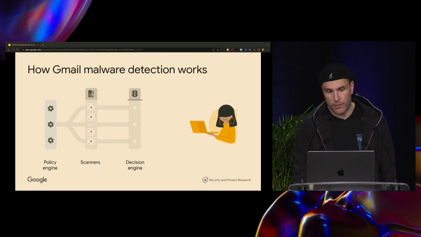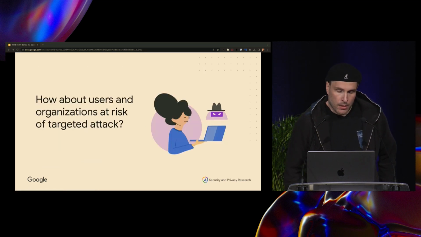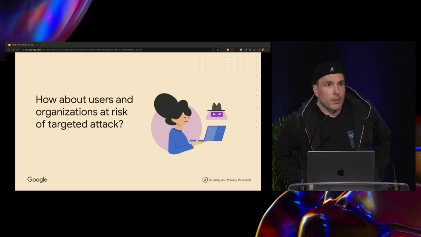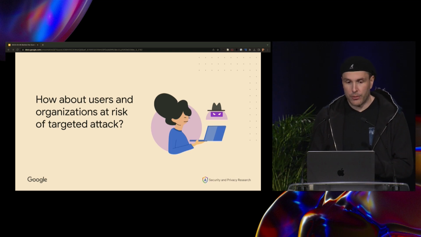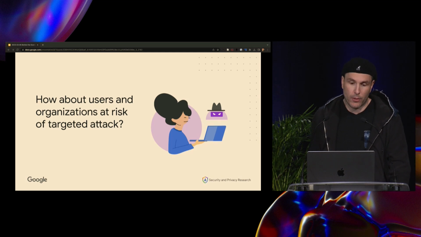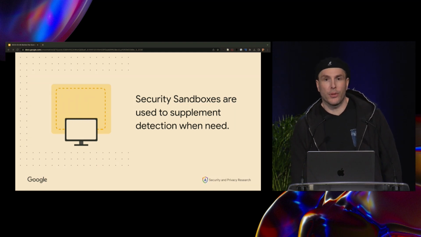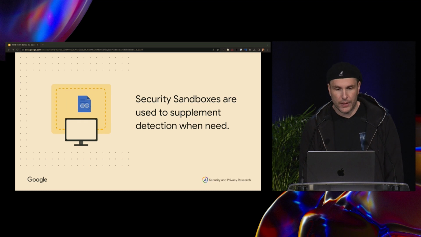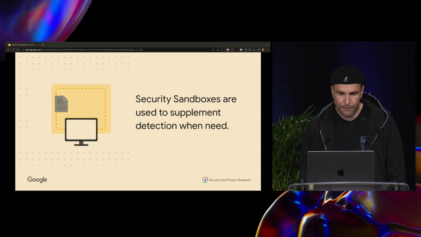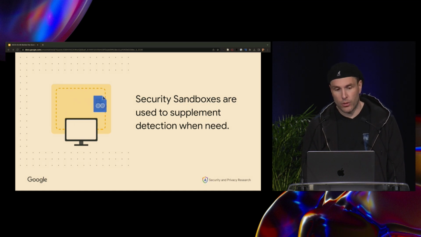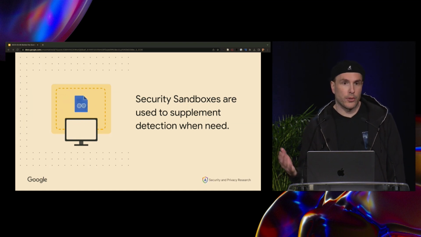These are the basics: part policy, part engine, and a bit of ensemble learning. One of the questions one might ask is what to do when we have people at risk of being attacked by very evolved malware, where in some cases we have the possibility to send those files to sandboxes that are used to supplement detection when needed.